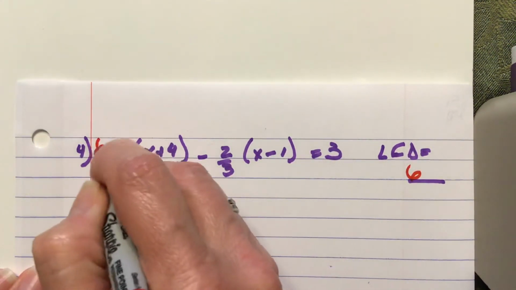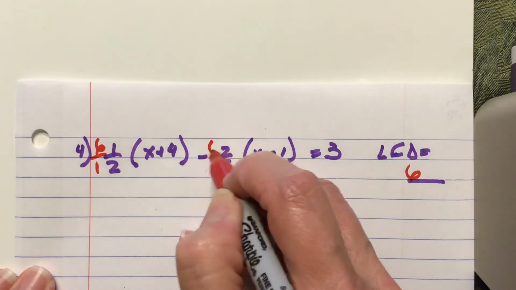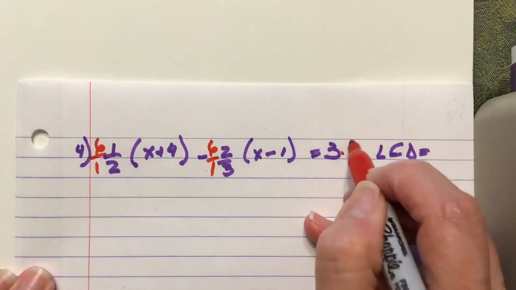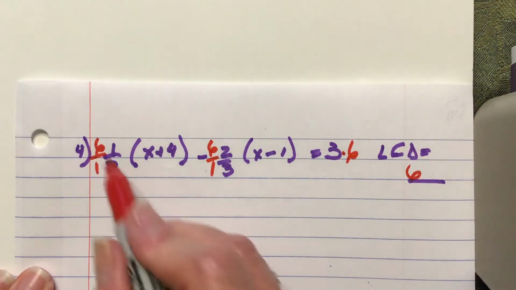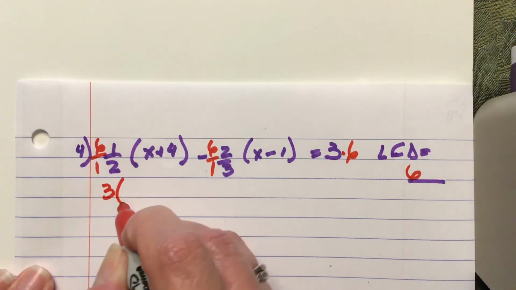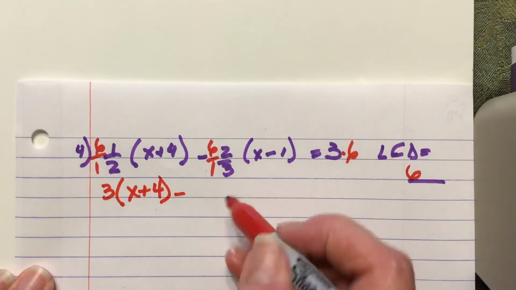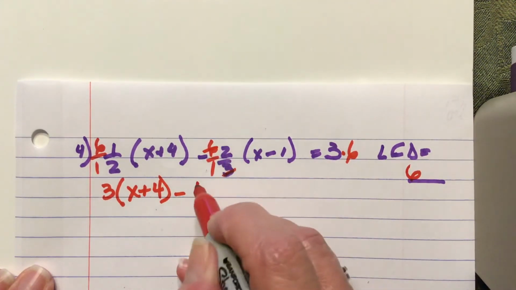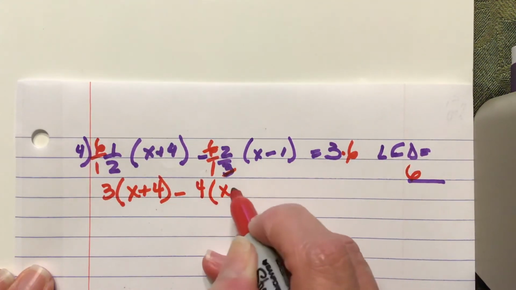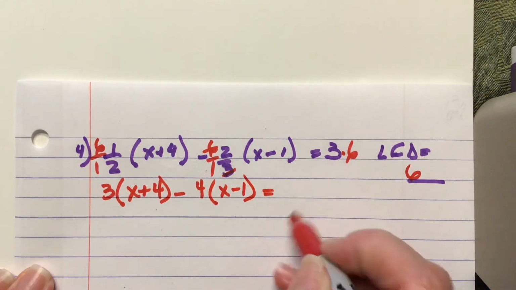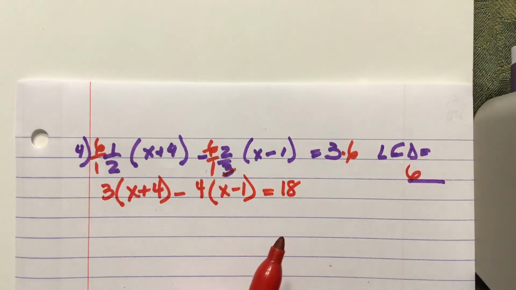So 6 times 1/2, 6 times 2/3, and 6 times 3. 6 times 1/2 would be 3, and then I'd have x plus 4. 6 times 2/3 would be 4, and that would be times x minus 1, and 3 times 6 is 18.